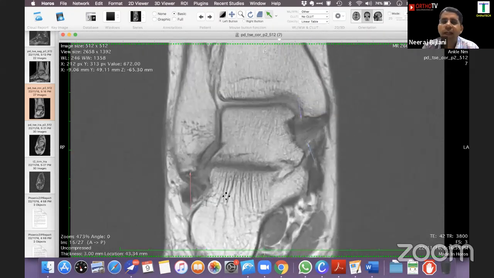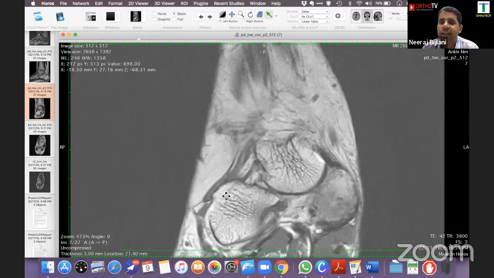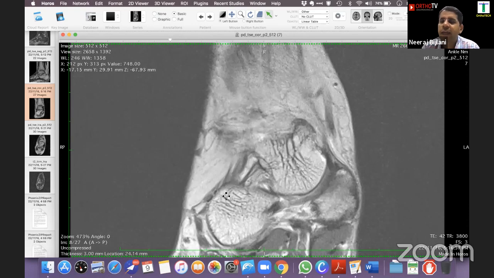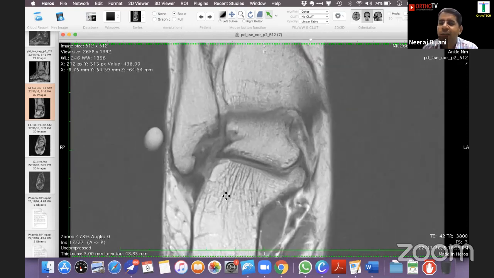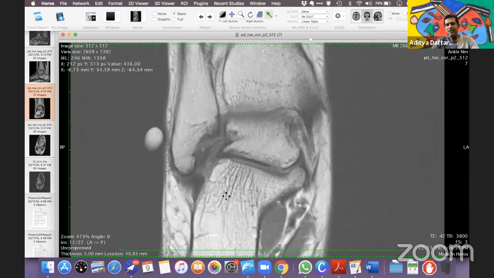She was not willing for any surgery, but she was having pain. That is the reason she came to me. So I gave her an injection, and in 2 years she has not come back to me. I'm not surprised. When people have instability, the question is, what do you do about it?